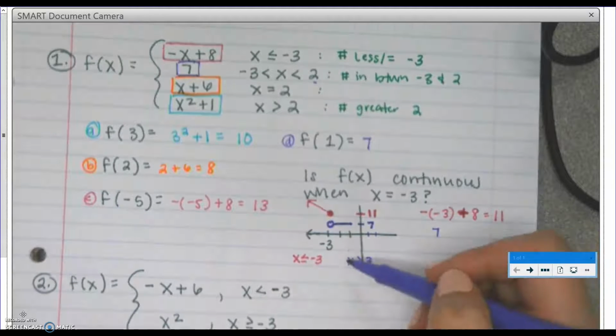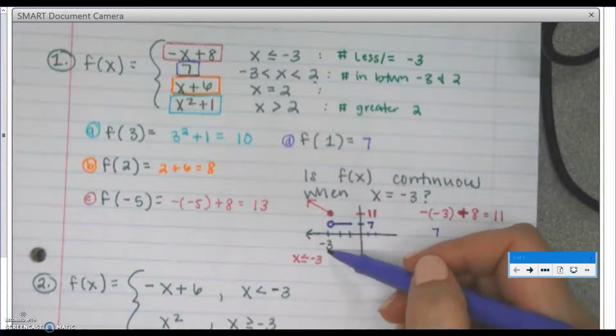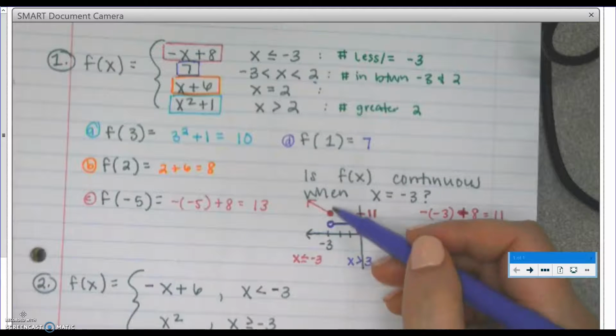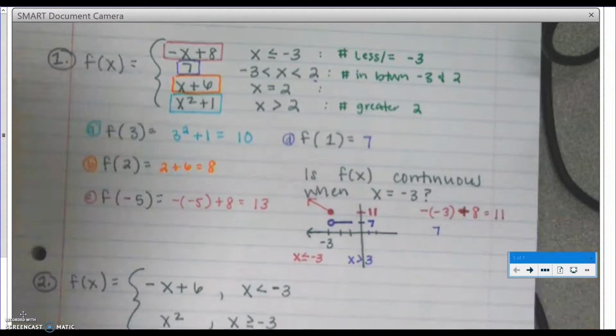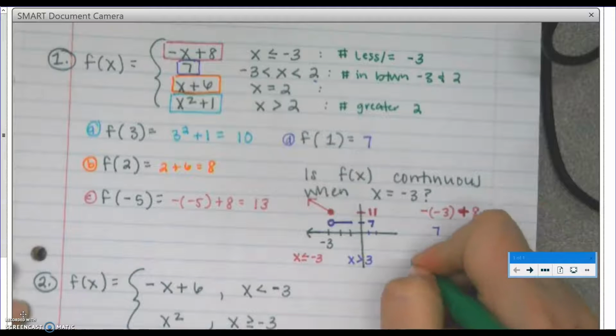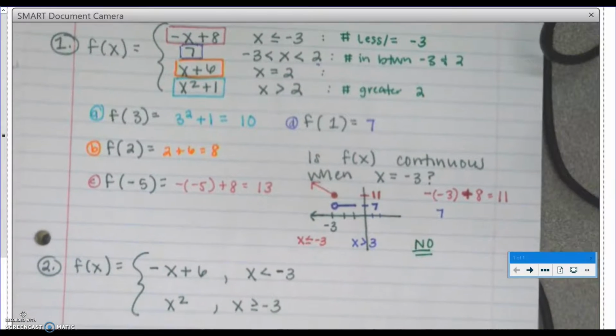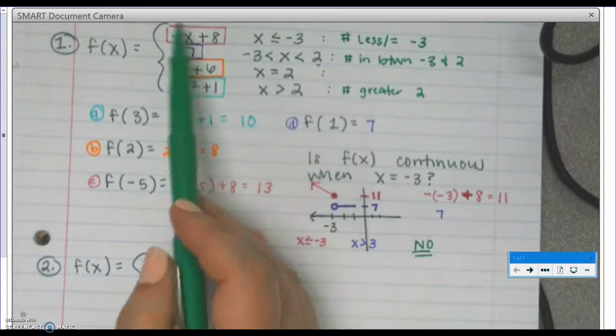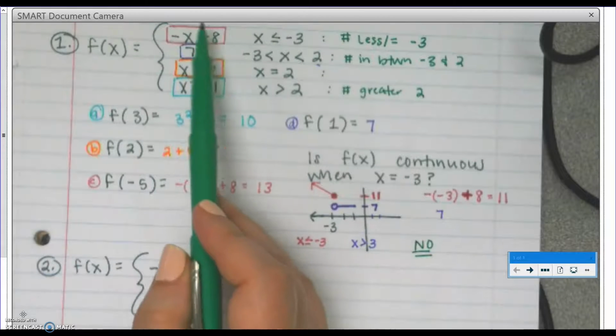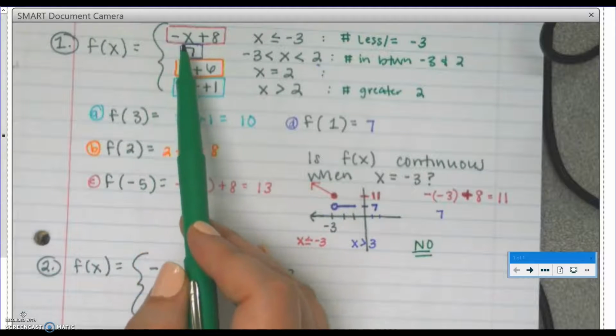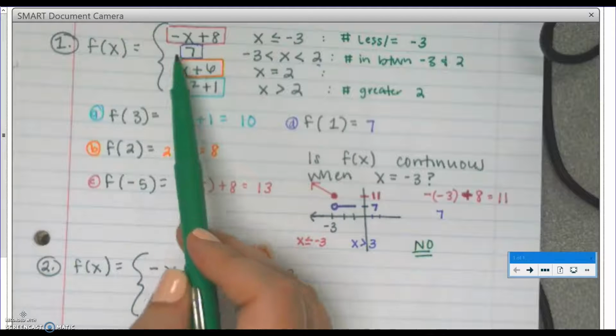I only care about what's happening at exactly -3. So because I did not get the same answer, this is no. It is not continuous because I did not get the same answer when I plugged -3 into the first piece and when I plug -3 into the next piece.